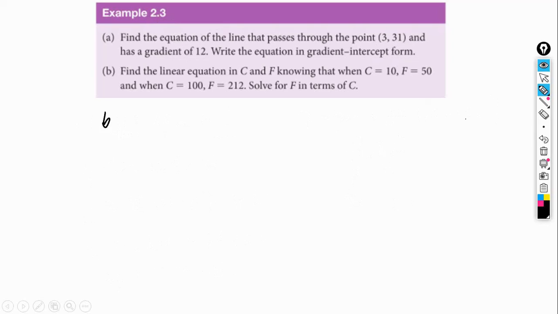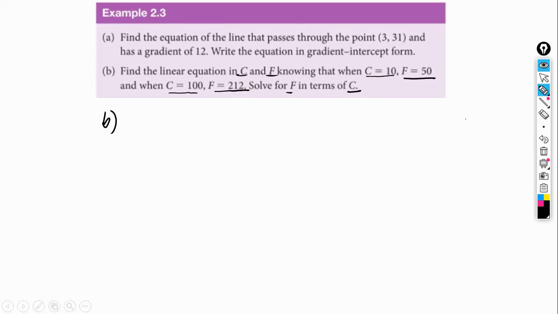So now we are on part B of example 2.3, and it says find the linear equation in C and F, knowing that when C is equal to 10, F is equal to 50. And when C is equal to 100, F is equal to 212. Solve for F in terms of C. So they want us to find the linear equation, and now they're not talking about x and y, but it's exactly the same thing.